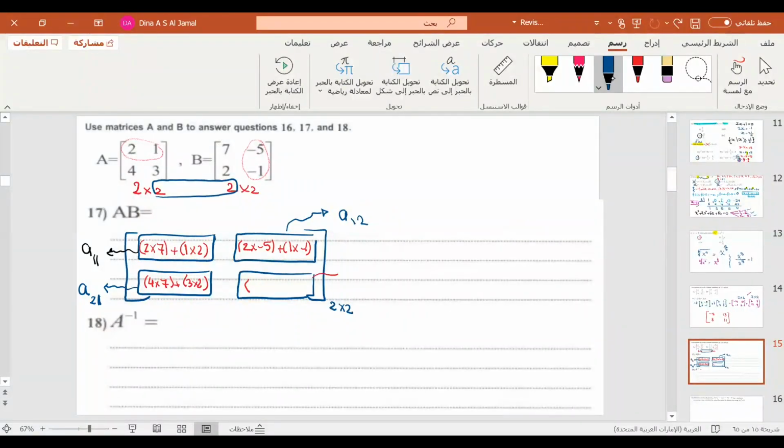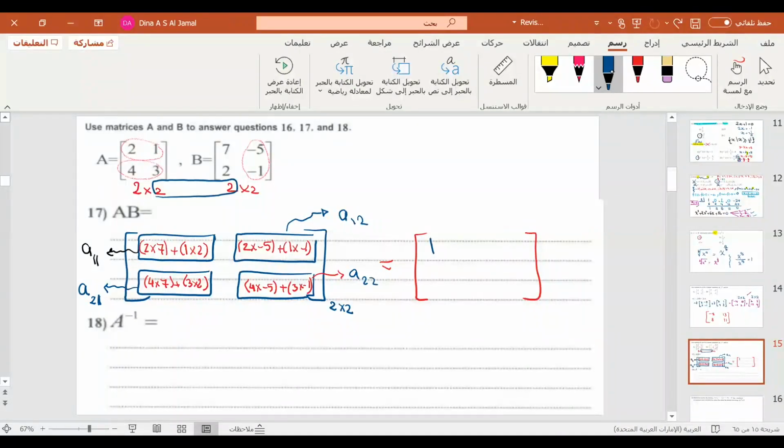It is A22. That means you have to go to the second row, second column. So 4 multiplied by minus 5 plus 3 multiplied by minus 1. And after simplification, you will be getting this answer.